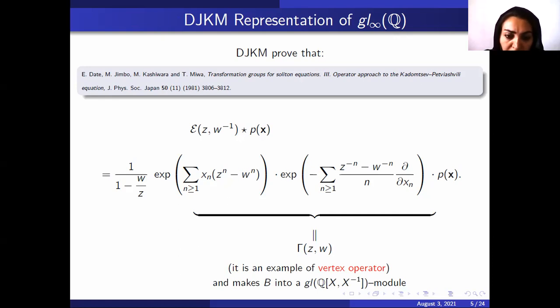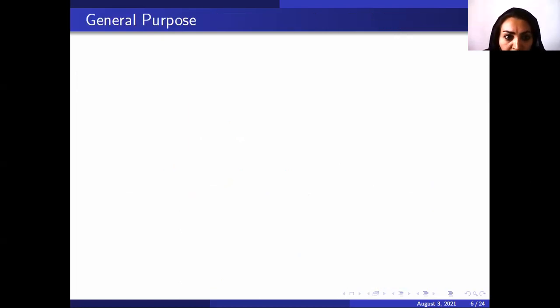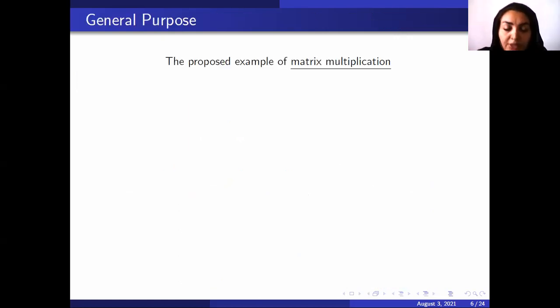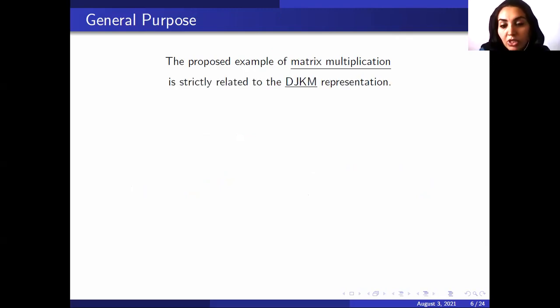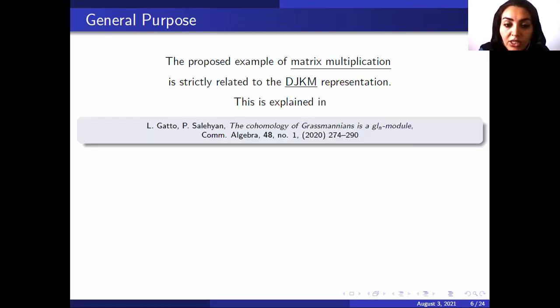So now I'm going to give you a feeling to understand what is going on. In fact, what I mentioned at the beginning of this talk, the representation of Kn as n times n K-valued matrices, is completely related with what Kashiwara and Miwa did, and you can find more detail about this relation in this cited paper by Gatto and Salehian.